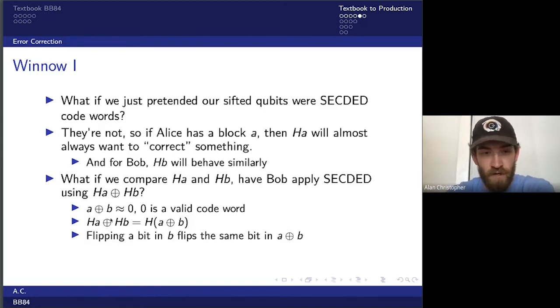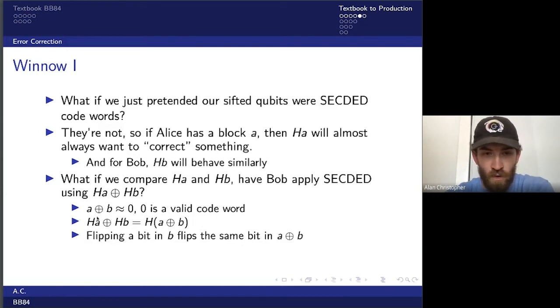The next thing we're going to note is that HA XOR HB, so if we XOR our two syndromes together, that is exactly the same as XORing our two blocks first and then taking the syndrome of that. And this is simple distribution of matrix multiplication over addition, which we're all familiar with, hopefully anyways.